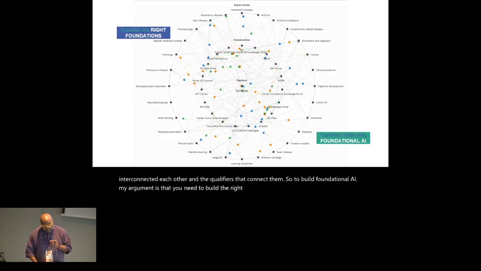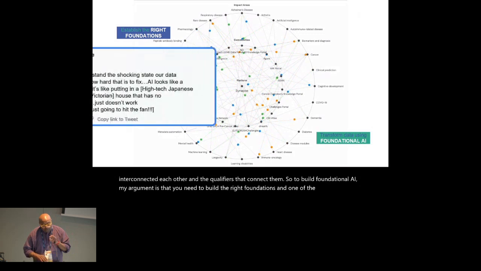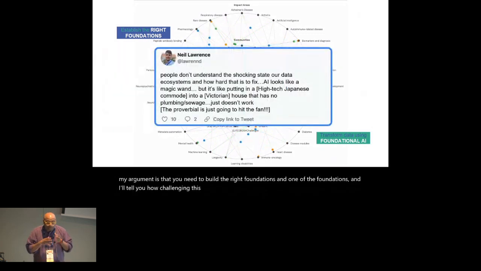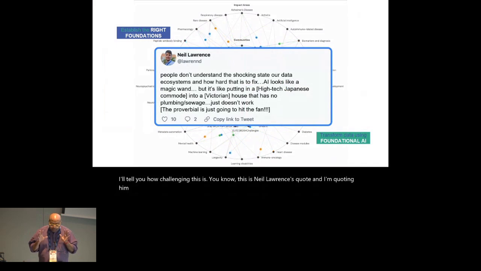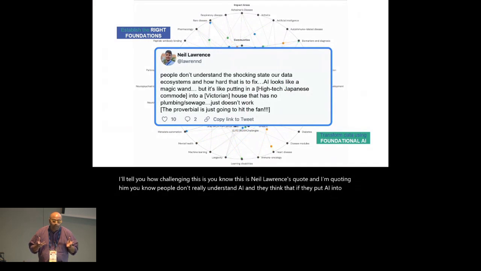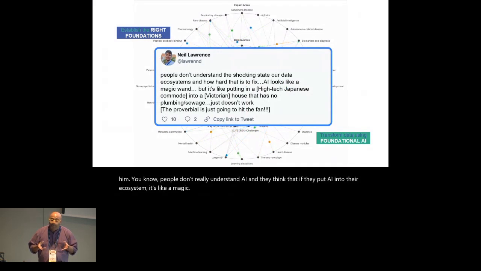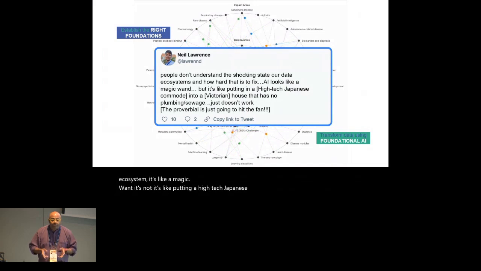And I'll tell you how challenging this is. This is Neil Lawrence's quote, and I'm quoting him. People don't really understand AI, and they think that if they put AI into their ecosystem, it's like a magic wand. It's not. It's like putting a high-tech Japanese commode into a Victorian flat that has no sewage and plumbing.